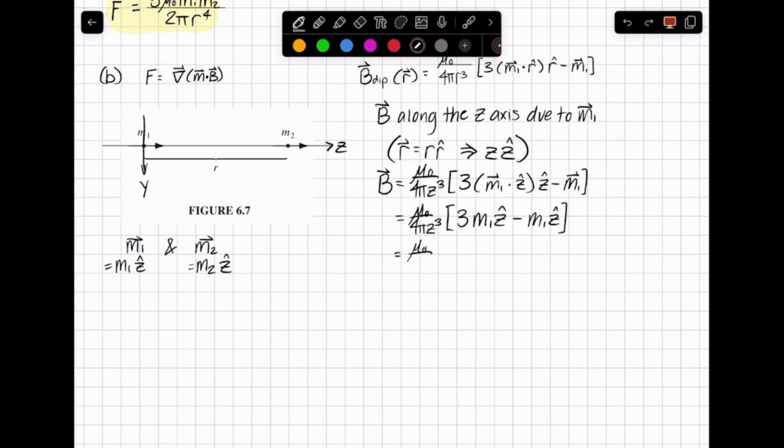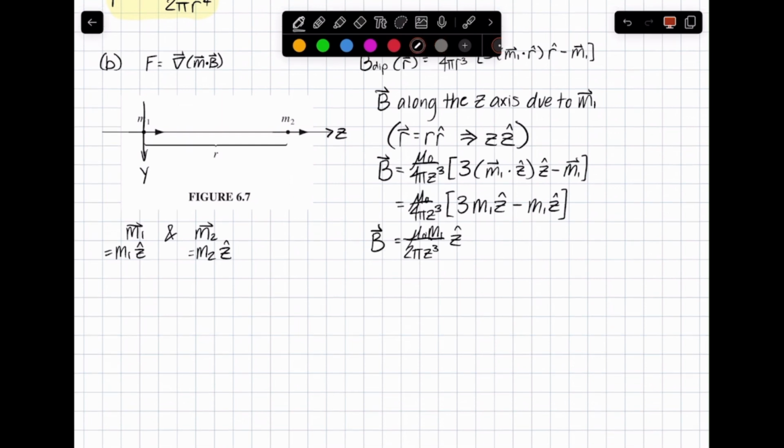So that 2, I can reduce with the 4 up front. And then we have a 3 showing up, and also M1 up here in the numerator. It's a little messy, but I remembered that this is equal to 2 M1 z hat, and we already canceled that 2 out right down here. This is a good definition for our B field at any point along the z-axis due to M1.